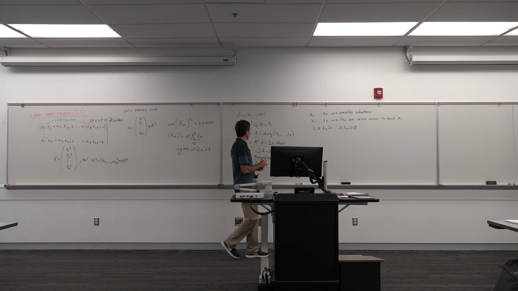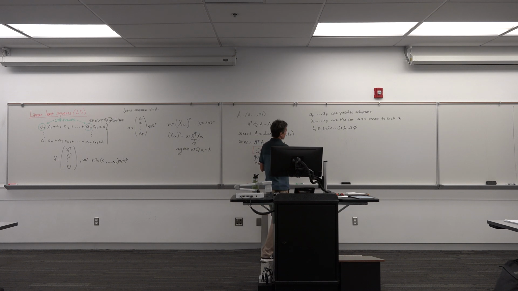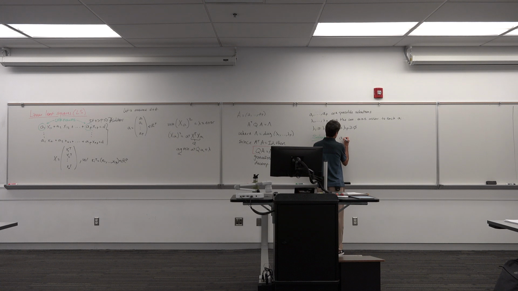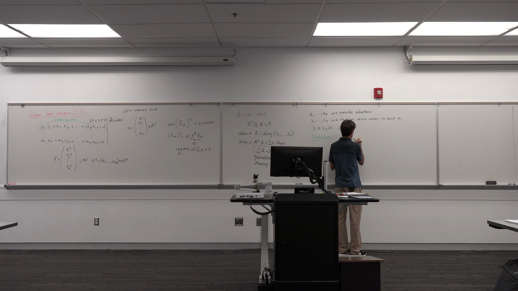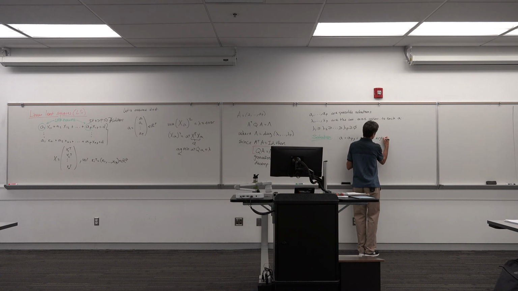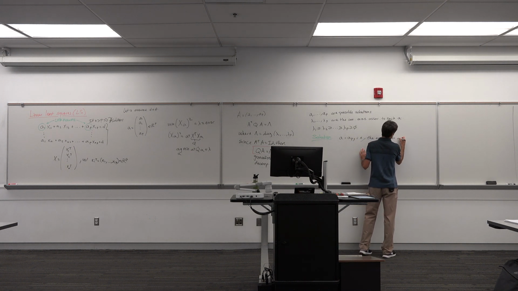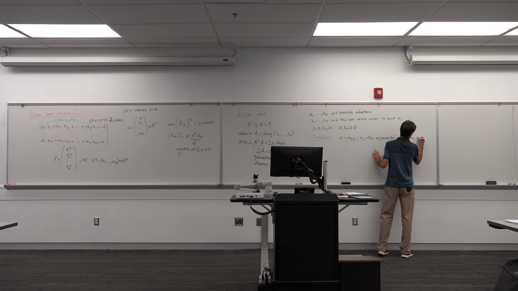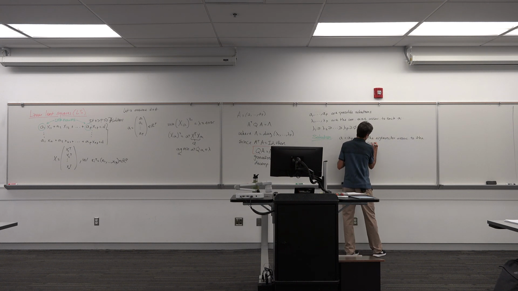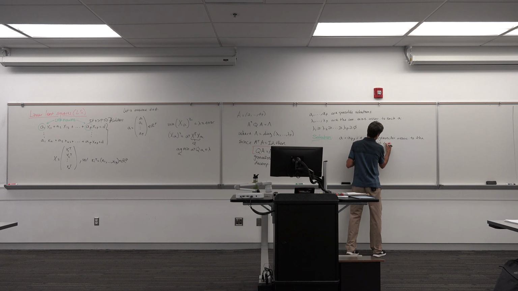So the solution to our problem is to assign the vector A equal to AP from here, i.e. the eigenvector associated to the smallest eigenvalue.